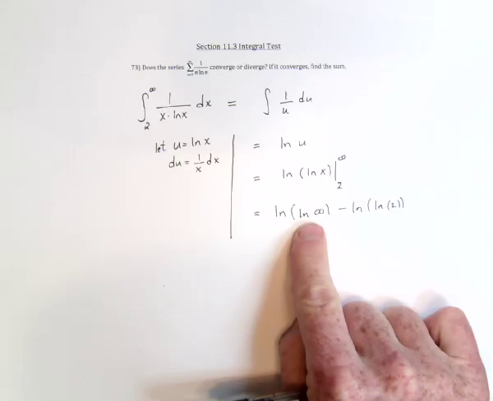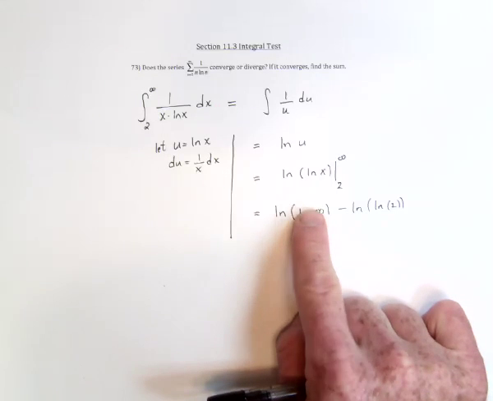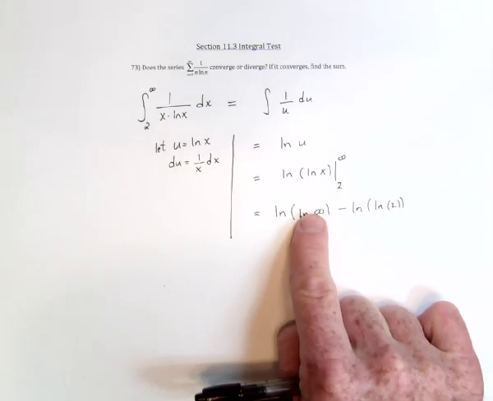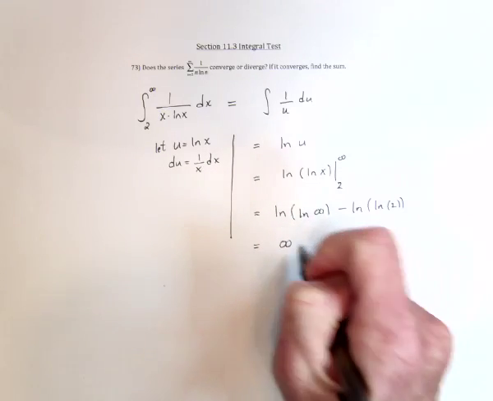Well, natural log of infinity means follow the natural log graph out to the right, and you'll see that it goes up forever. So this part right here becomes natural log of infinity, which then in itself is going to be infinity.